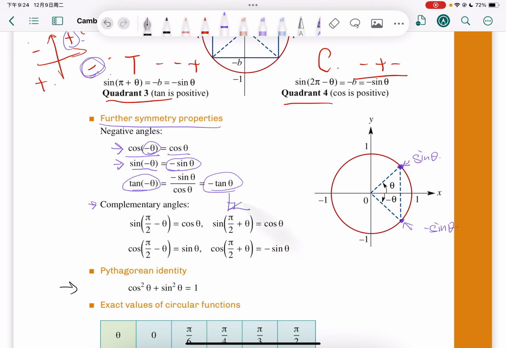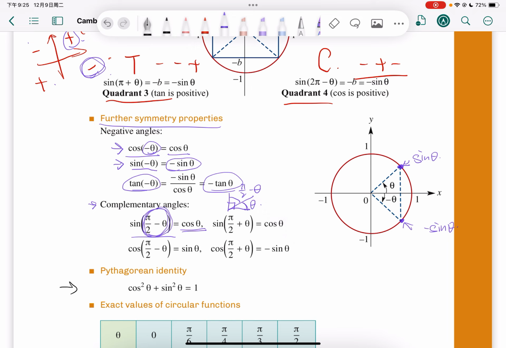If I have a theta over here, then this one is half pi minus theta, which is the complementary angle of theta. So for sine, cos theta is equal to sine of pi divided by 2 minus theta.